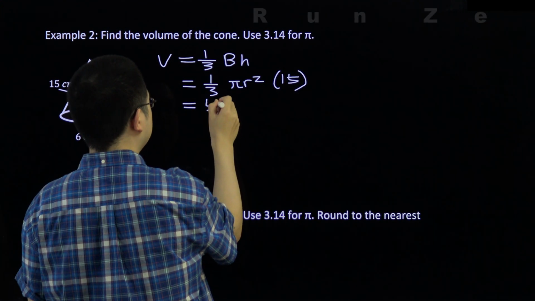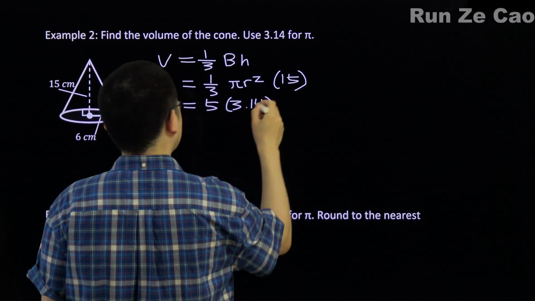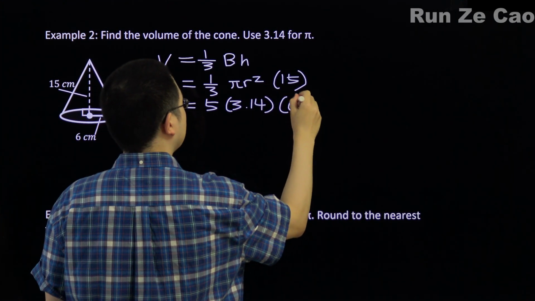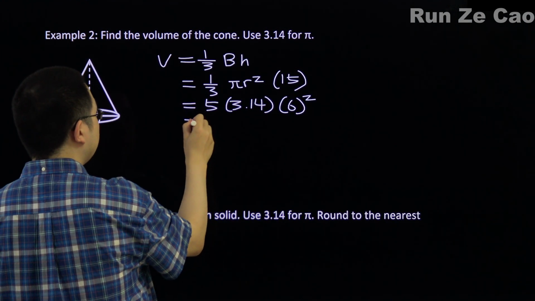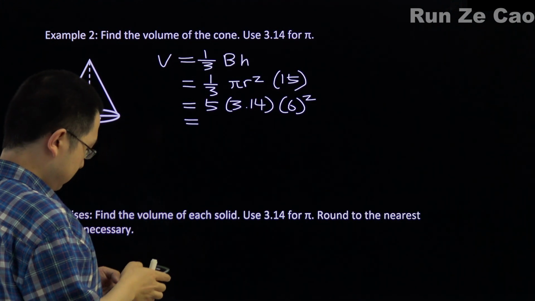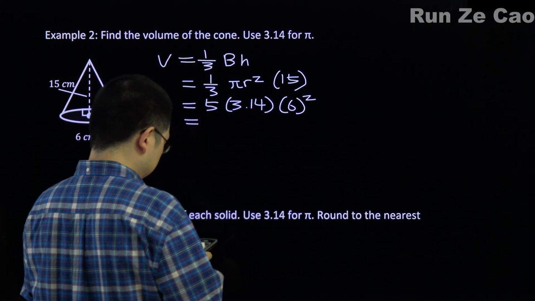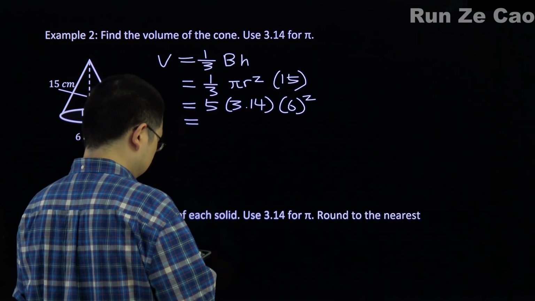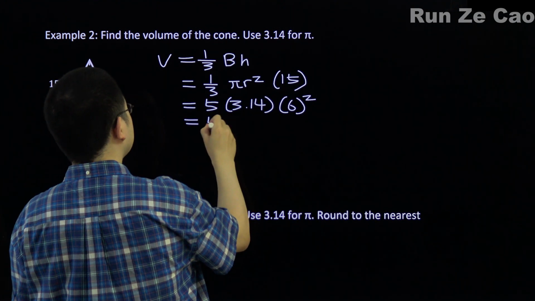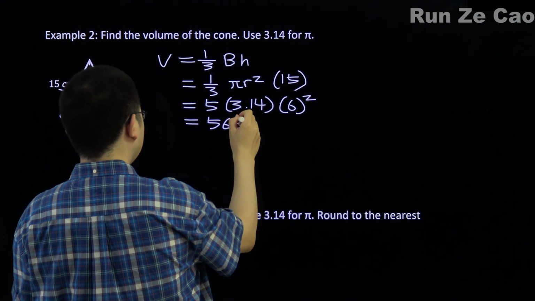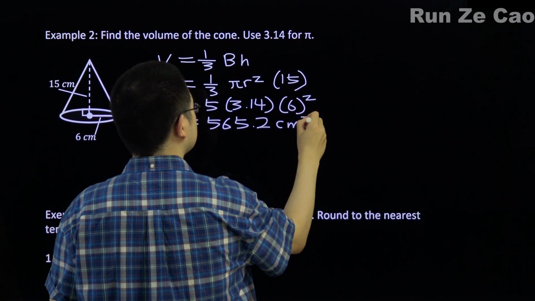So 3.14, and then r is 6 centimeters squared, and we end up with 5 times 3.14, it's going to be 15.7, times 6 squared, which is 36, okay, 565.2 centimeters cubed.